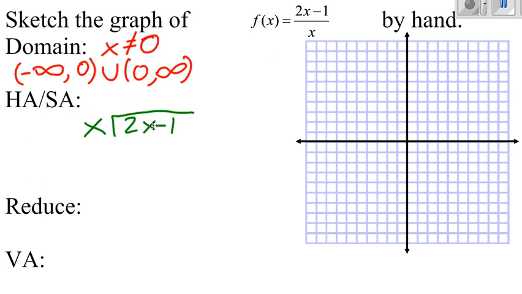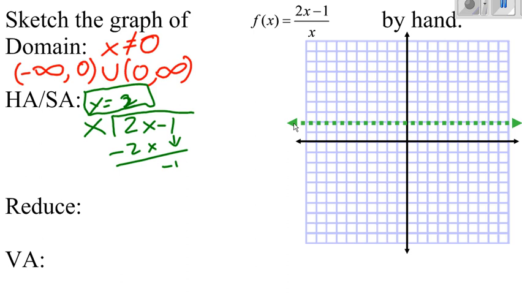But 2x divided by x is just 2. Multiply back is 2x. Subtract. Bring down our negative 1. Negative 1 cannot be divided by x, so that's just our remainder, but the remainder does not matter. So y equals 2 is our asymptote. Since there's no slope there, it'll just be a horizontal asymptote at y equals 2.